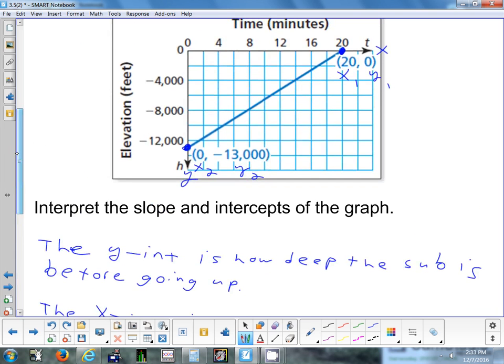The 650 has a unit to it. Feet. So the sub is doing something with 650 feet every so often. What's the sub doing with the 650 feet? It's going up 650 every day. Exactly.